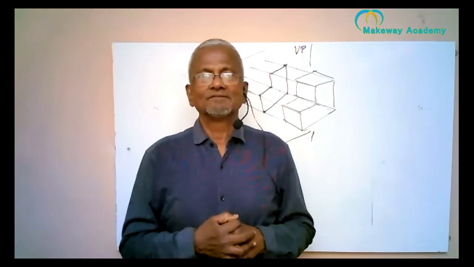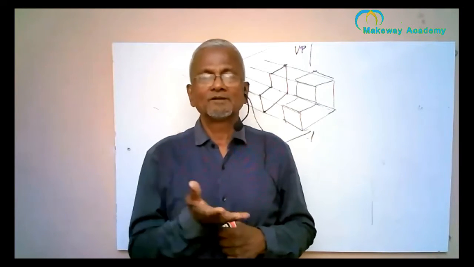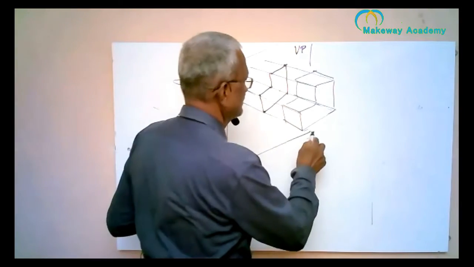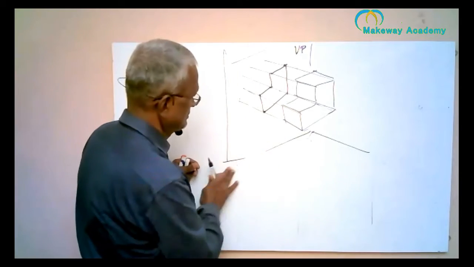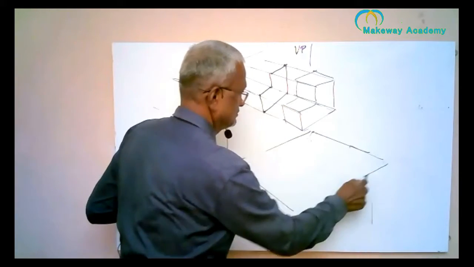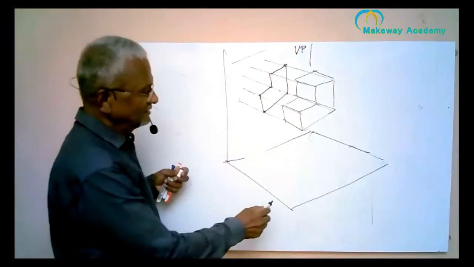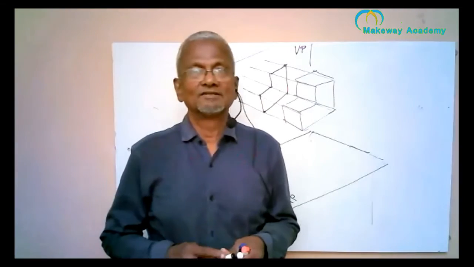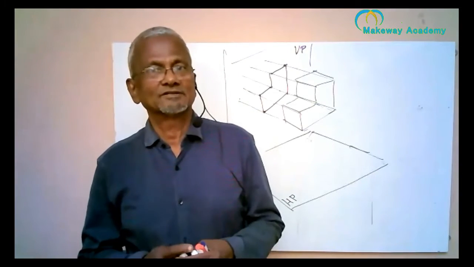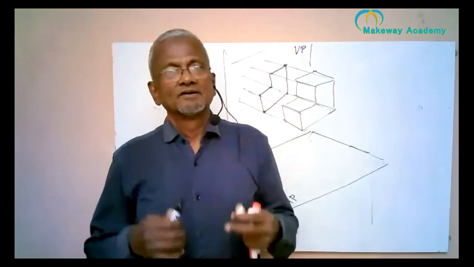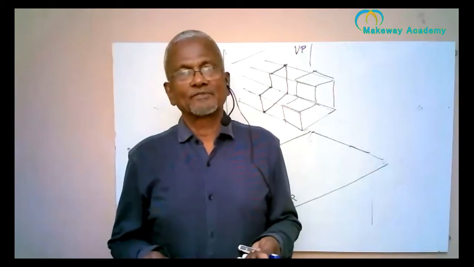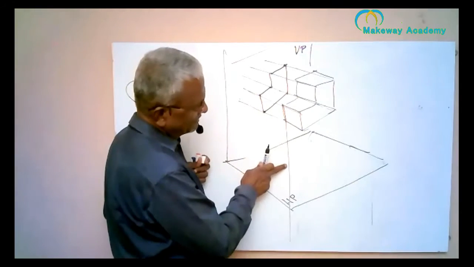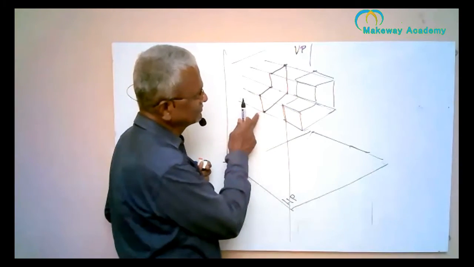That one more plane will be kept perpendicular to the previous plane. This is one more plane, and since it is kept horizontally, I call it the horizontal plane. So now I have two planes mutually perpendicular to each other. Now what do I do? I project the object in the same way onto the horizontal plane. How do I get the points now?